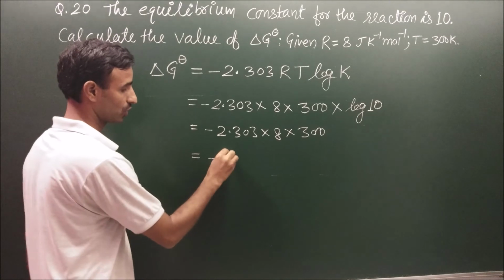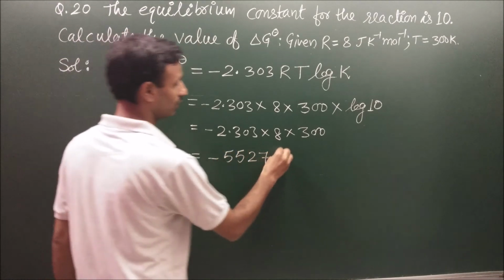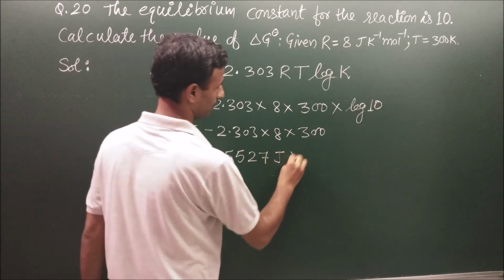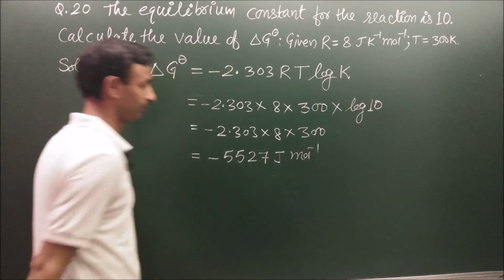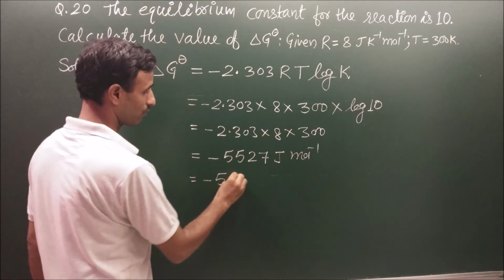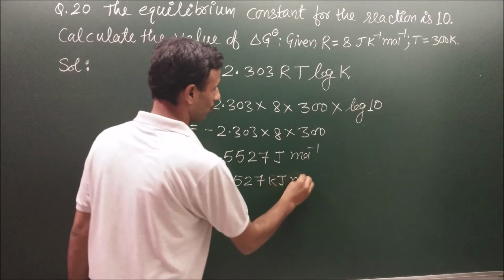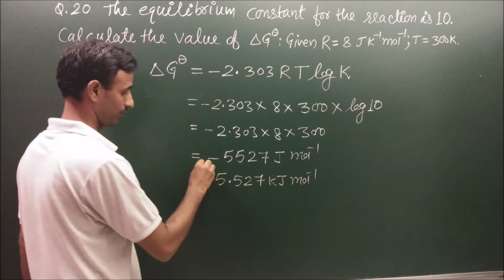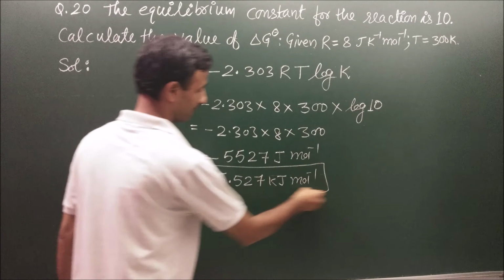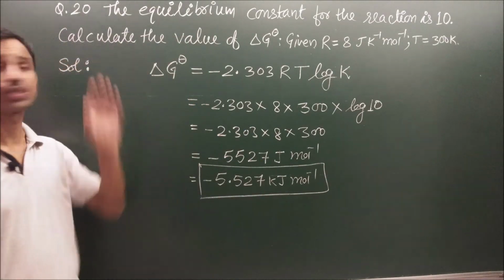So it is minus 5527 joule per mole. That implies it is minus 5.527 kilojoule per mole. That's it. So this is the answer of question number 20.